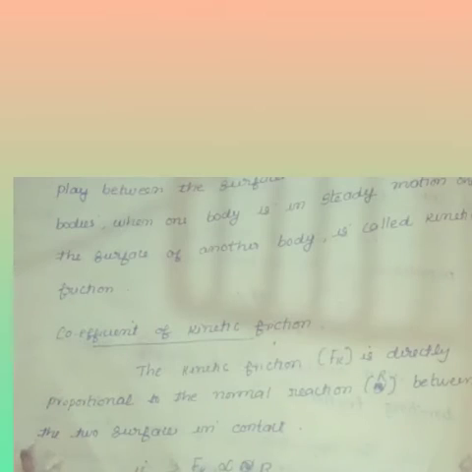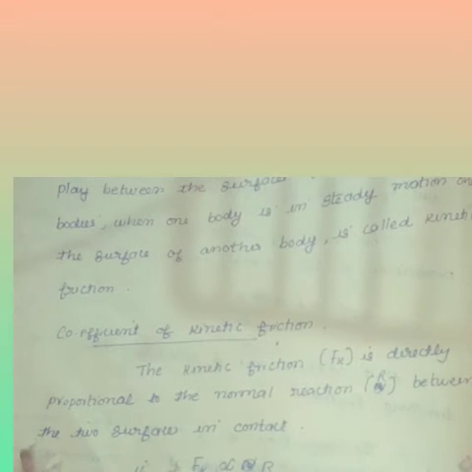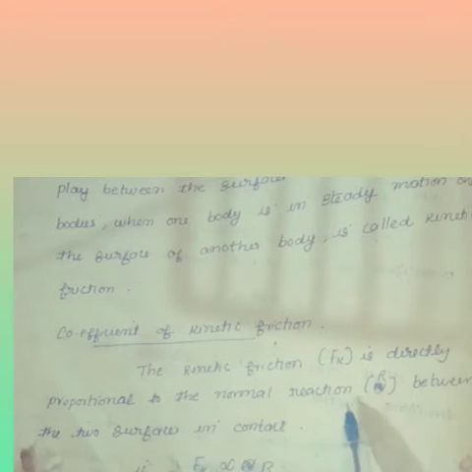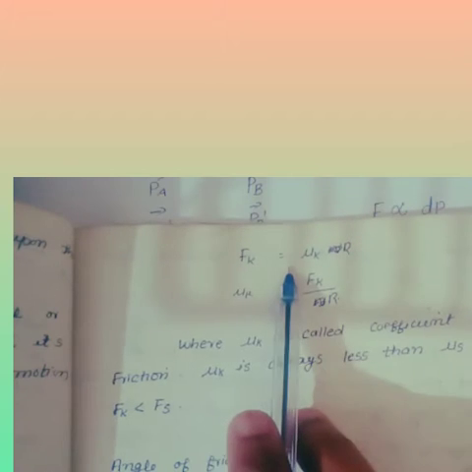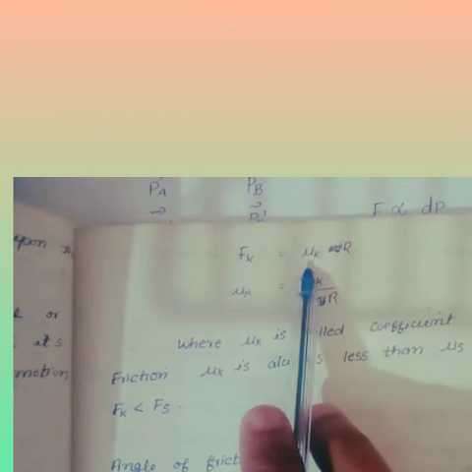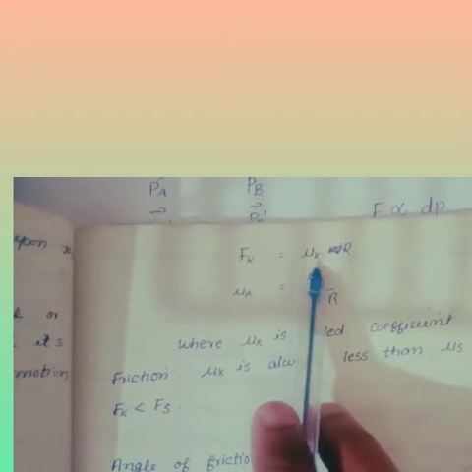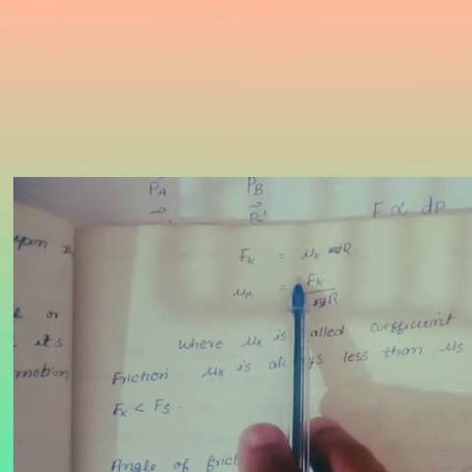The next one is the coefficient of kinetic friction. The kinetic friction, denoted by Fk, is directly proportional to the normal reaction R. Equating a constant term, Fk equals mu k into R, where mu k is called the coefficient of kinetic friction.